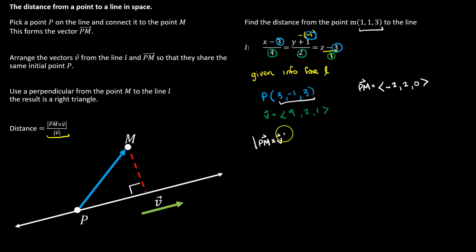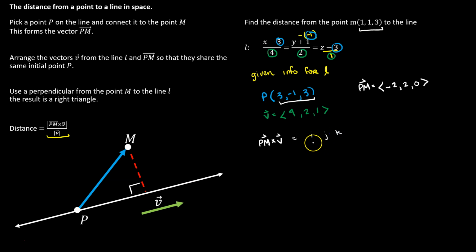Now remember that for calculating the magnitude of a cross product, we have a shortcut, kind of. That shortcut is only really a shortcut if you know the angle between your vectors. And since we don't, we're not going to use that shortcut. Instead, we're going to calculate the cross product, then we'll find the magnitude of that vector that comes out of our cross product.